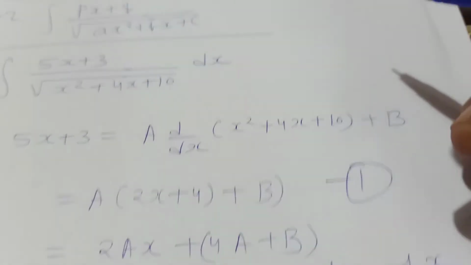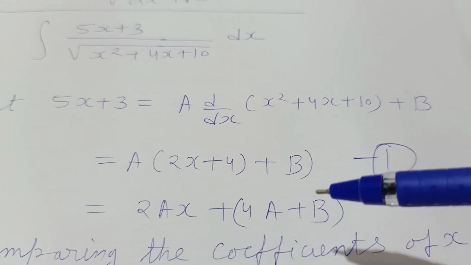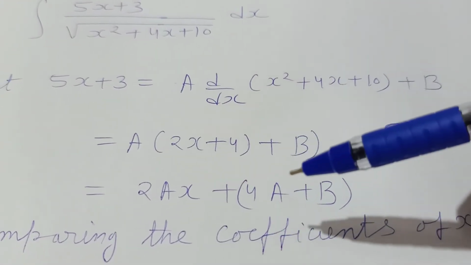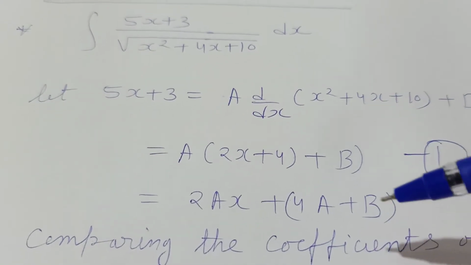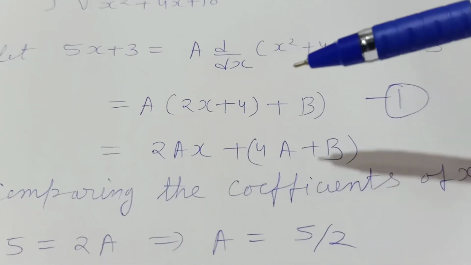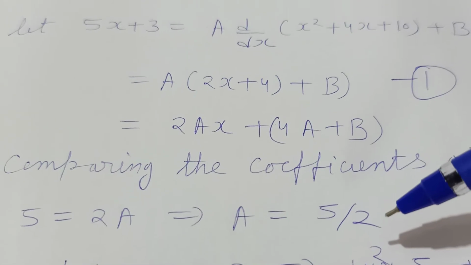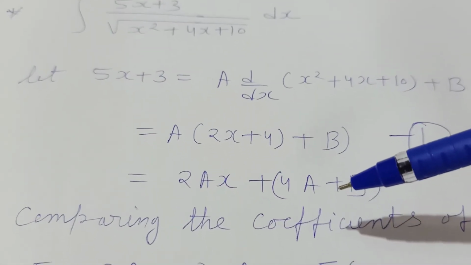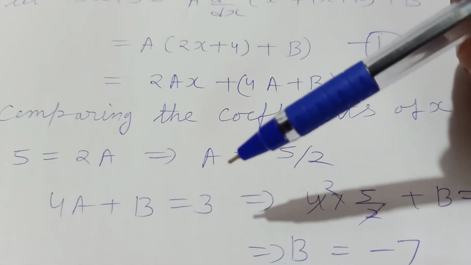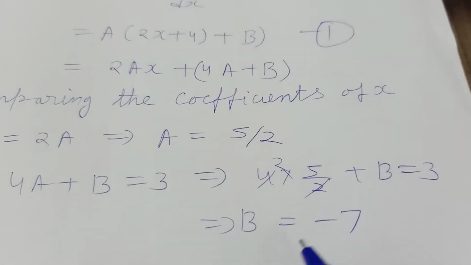One part contains the derivative of the denominator. Okay, so if we solve this, we will get a into 2x plus 4 plus b, and if we arrange in powers of x, then we will get 2ax plus 4a plus b. Now if we compare the coefficient of x, we will get 2a equal to 5, that is a equal to 5 by 2, and if we compare the constants, then 4a plus b equal to 3, and if we put the value of a, that is 5 by 2, we will get b as minus 7.